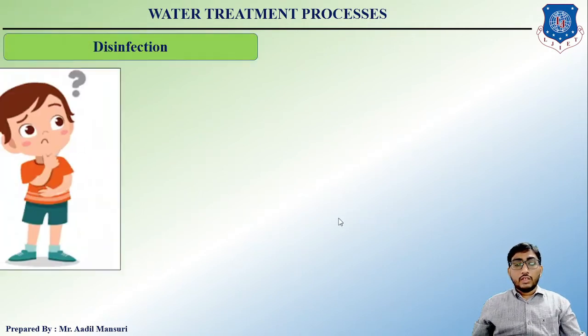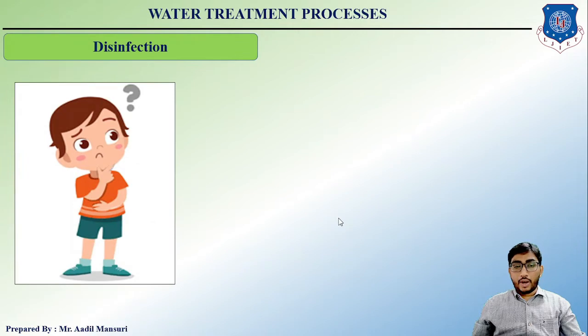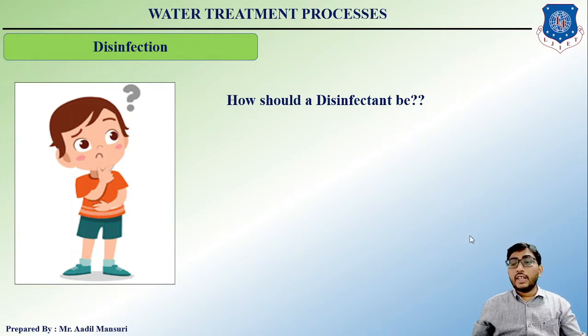Now, you may have a question in your mind. How should a disinfectant be? The disinfectant should be effective in killing the microorganisms which are potentially present in water within the contact time available. It should be easily available and economical. Then it should be safe to handle, and its method of application should be simple.